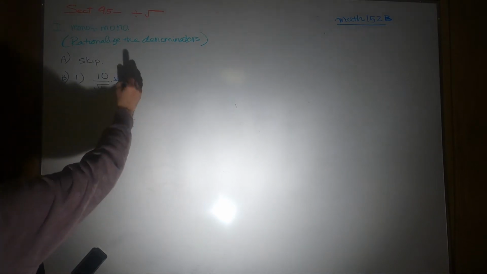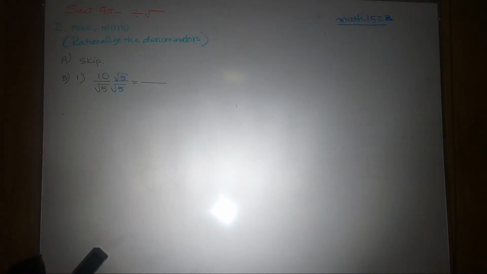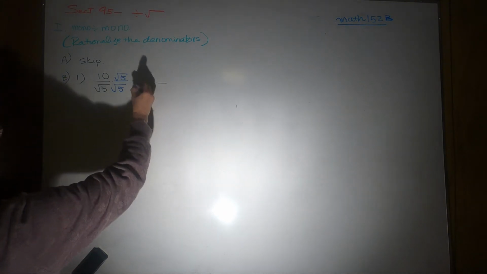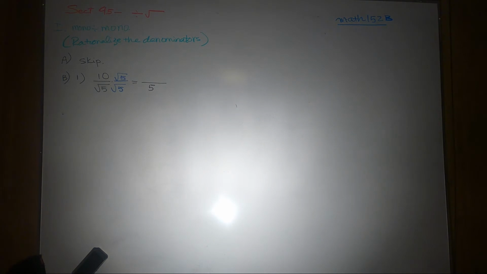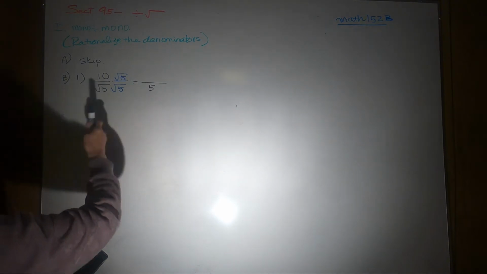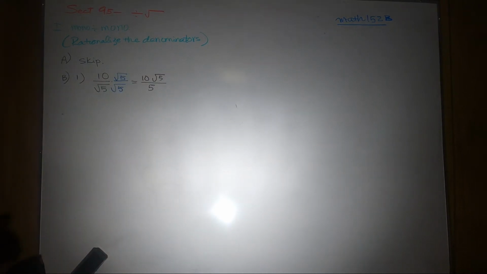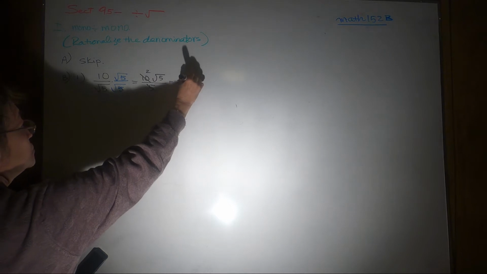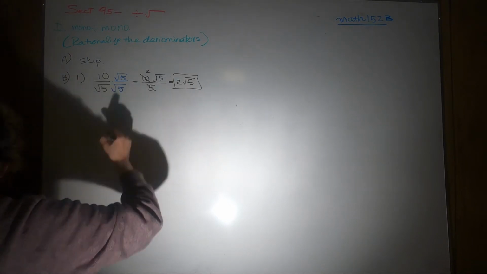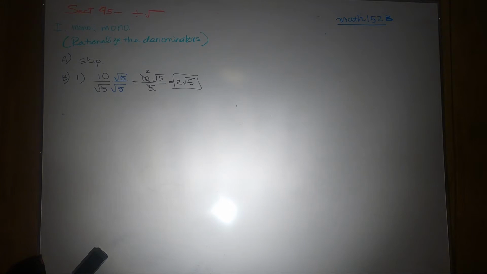So square root of 5 times square root of 5 is what? Square root of 25 is 5, right? Because you have a twin, they show the root, that would be 5. The top will be 10 square root of 5, right? Then you clean up, you have 2 square root of 5. That will be your answer for division.